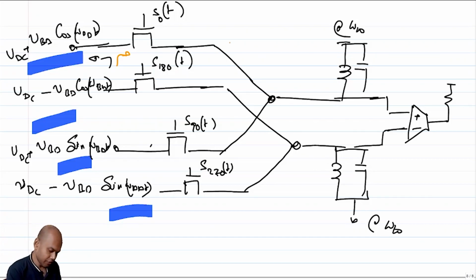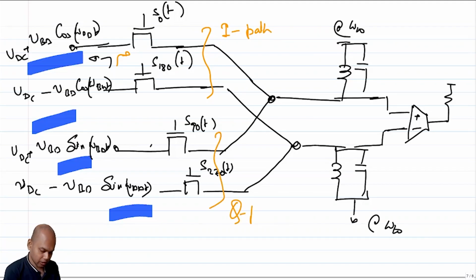What I mean, this is the in phase path, this is the I path, and this is the Q path, right? So if there is some coupling between the I path and the Q path, then obviously you will not have that IQ separation, right?